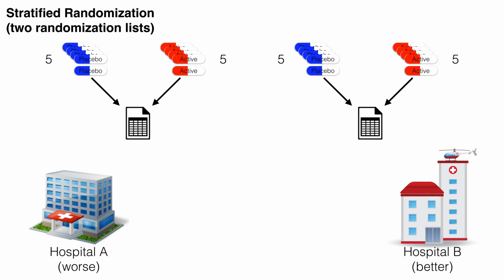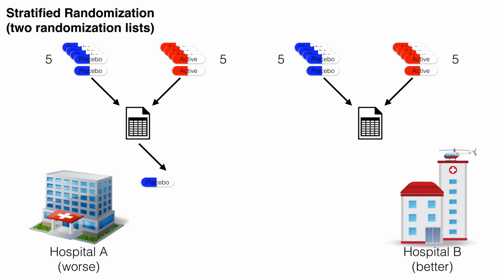So for hospital A, we will generate a randomization list. This will have 10 assignments, 5 of which are placebo and 5 of which are active. And for hospital B, we will do the same thing. And at the end, we will result in 2 randomization lists, each containing 10 allocations, each of which has an equal number of placebo and active arms.